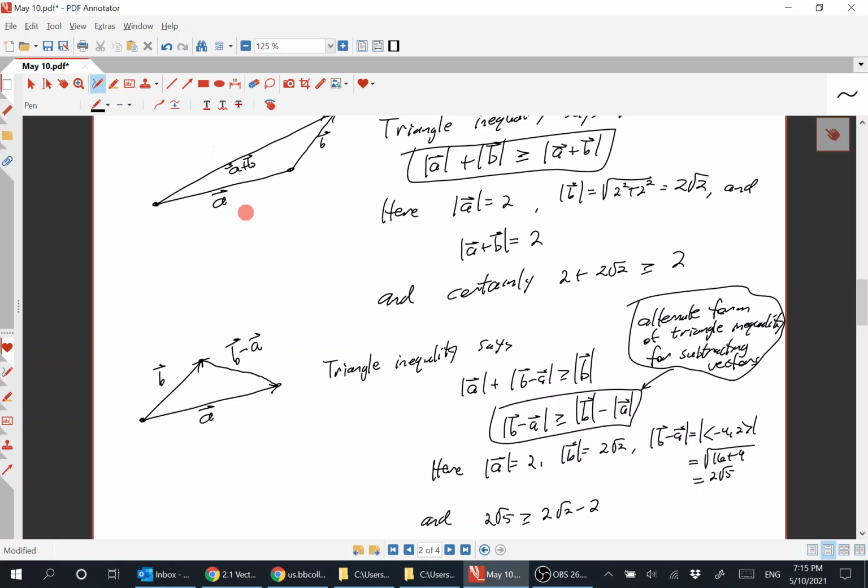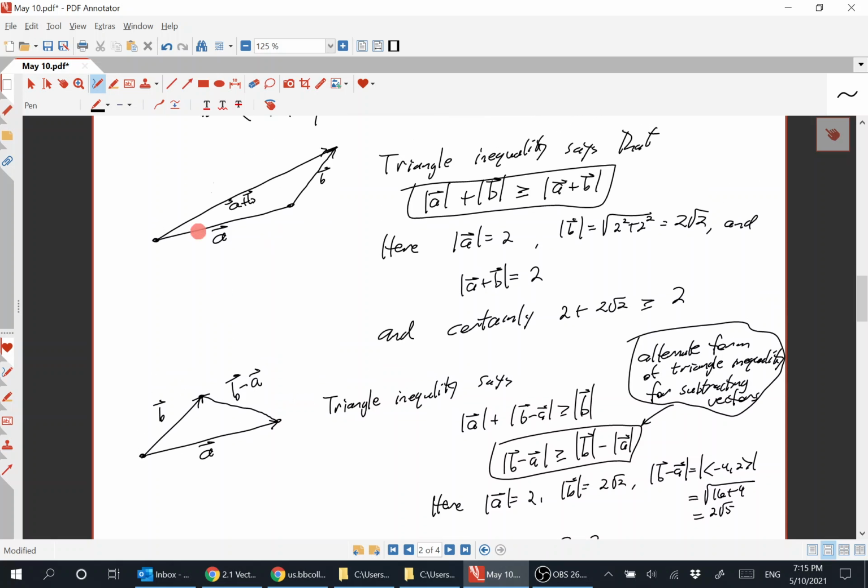I mean, the triangle inequality also says something like this: the sum of the length of two sides is greater than or equal to the length of the third side. So which two sides do we pick? Well, it looks neater if you pick side A and side B and you add those, because this is length A plus length B, and this is length A plus B. So it kind of has some meaning here.